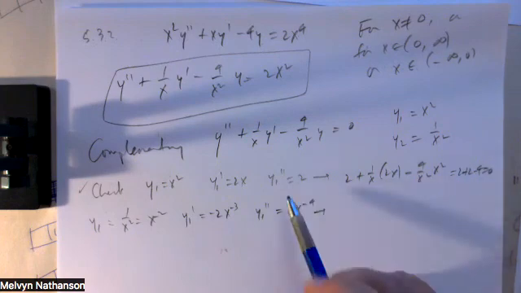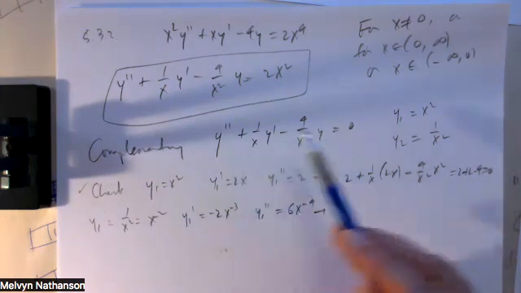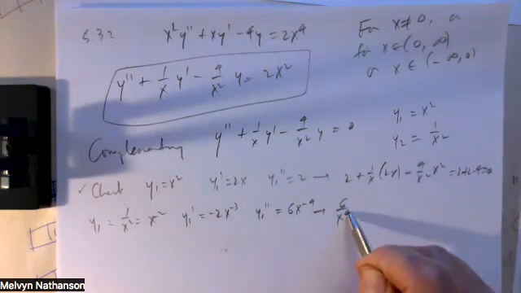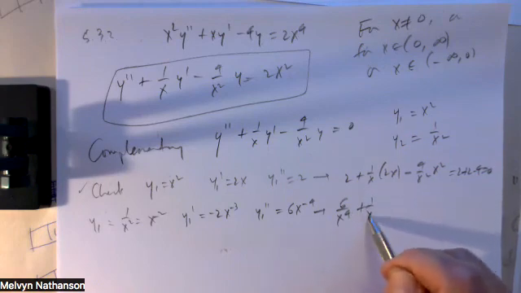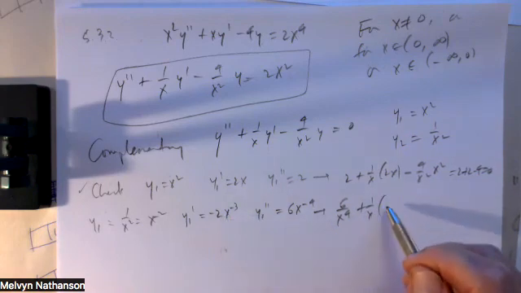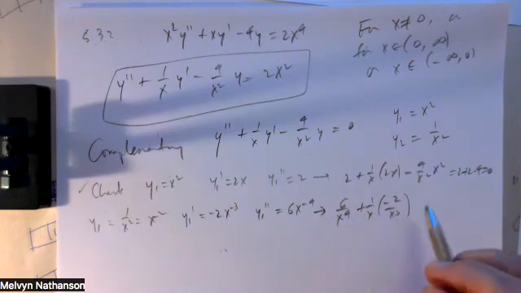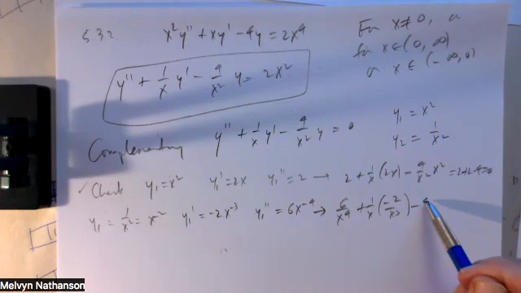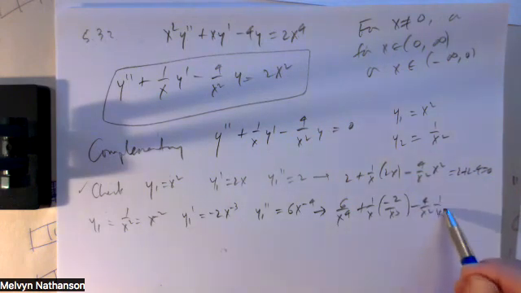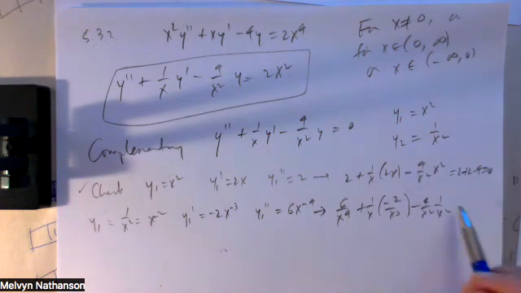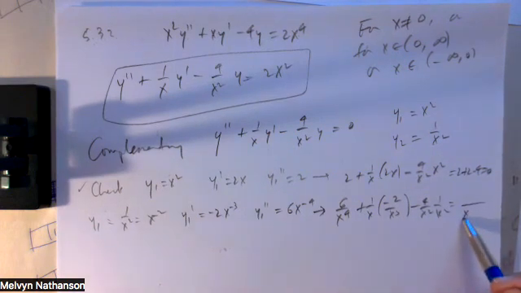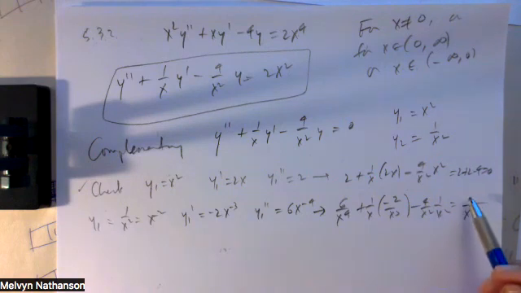So if I plug into this equation, I get 6x to the minus 4, 6 over x to the 4th, plus 1 over x y prime, which is minus 2 over x cubed, minus 4 over x squared times y, 1 over x squared. I get a denominator of x to the 4th in every term. 6 minus 2 minus 4 is 0.